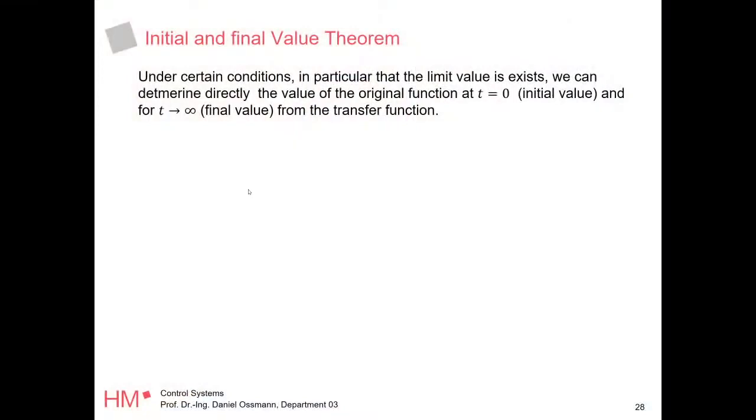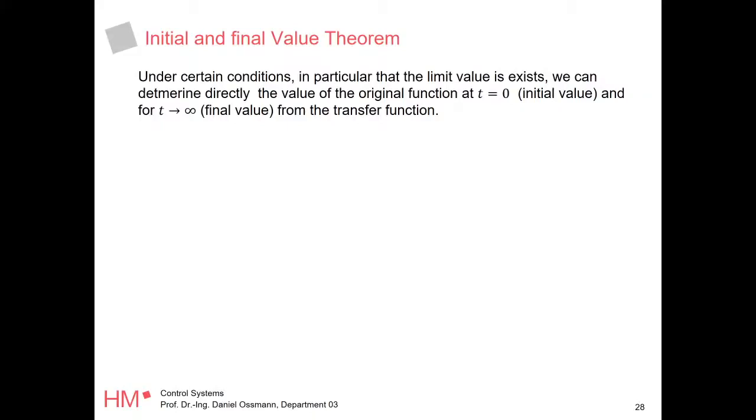And what's the initial value? We want to extract this information from our transfer function, and we can do this by applying the initial and final value theorem. I'm showing you the theorem now; on the next slide, we're going to actually apply it. Under certain conditions, and the condition is pretty simple, the limit value needs to exist.